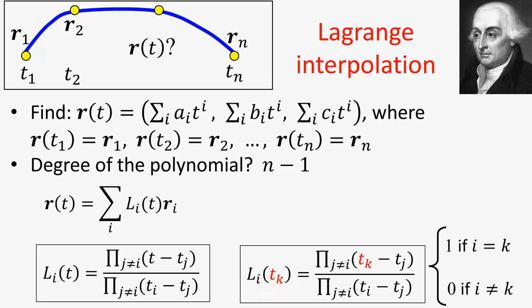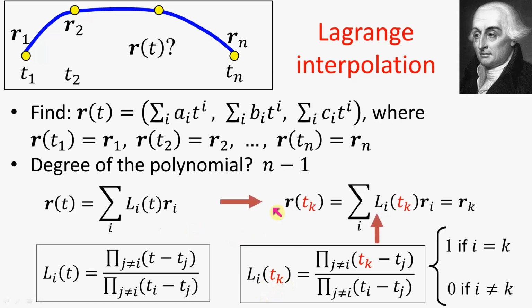After recognizing this, let us substitute tk into t in the definition formula for the parametric curve. So tk also shows up in the weighting function. So we have a sum where we visit all i indices.